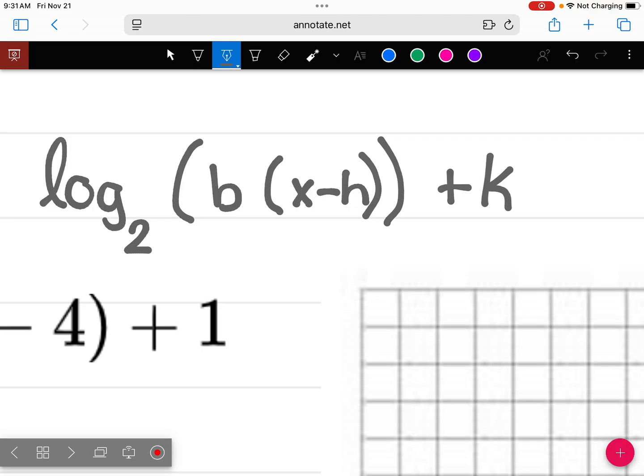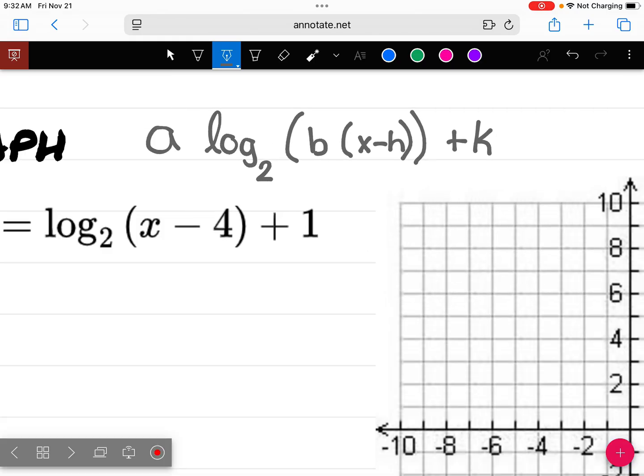The base on this tells us our parent function, so it is not a part of a transformation. We can have those B transformations on there. Not going to be a super common thing we see, and we're not going to see a B and an H at the same time in logs because we're mean, but not that mean.